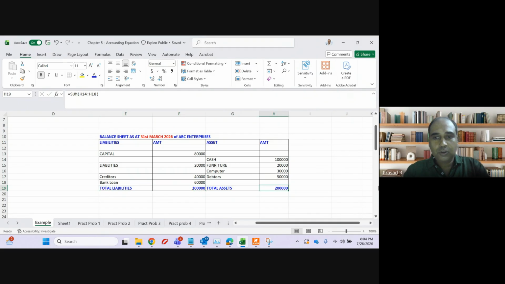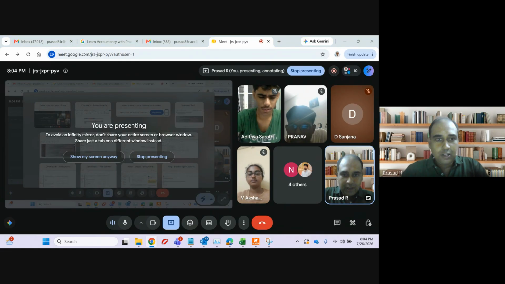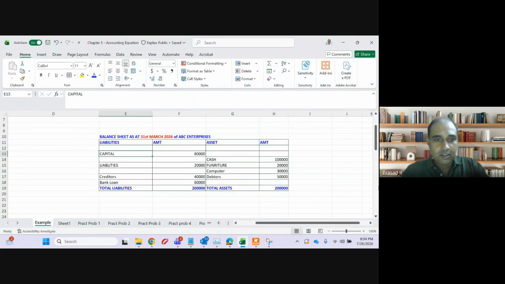This is my small illustrative balance sheet. My capital is 1 lakh, creditors 40,000, bank loan 60,000, so my assets and liabilities are now matching. Clear?